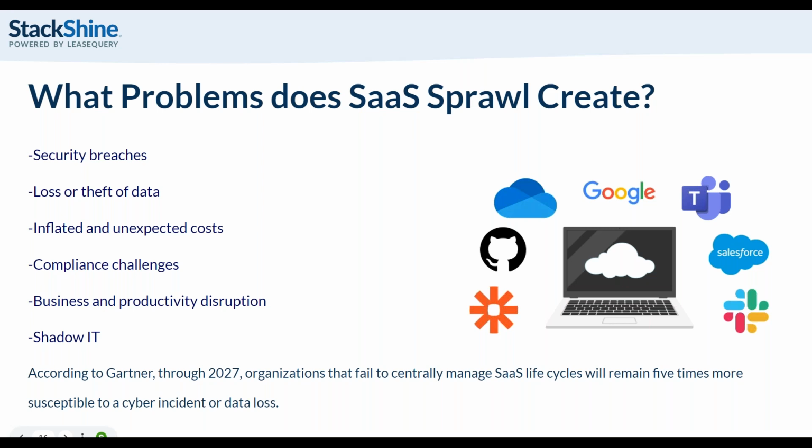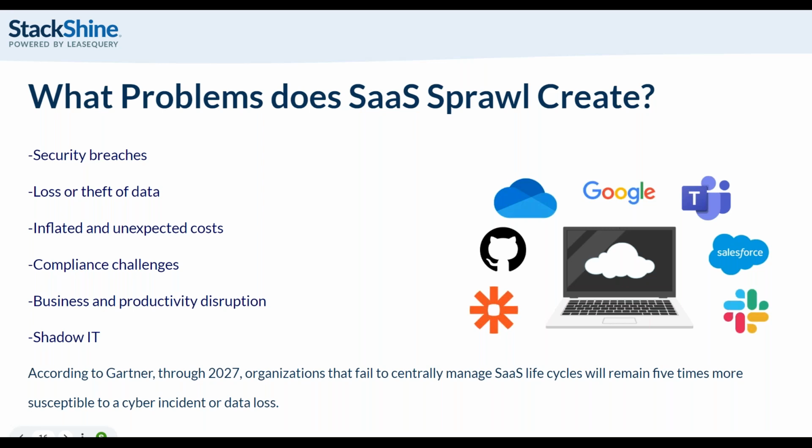Productivity disruption, because you can have duplicated efforts in different departments using different applications, inefficiencies can arise, along with data silos and confusion. And we'll talk about a survey in one of the next slides, some of the direct impact that we've seen it cause. And it does cause shadow IT, which we're going to again talk about in a slide or two. So a lot of different problems that SaaS sprawl can cause.